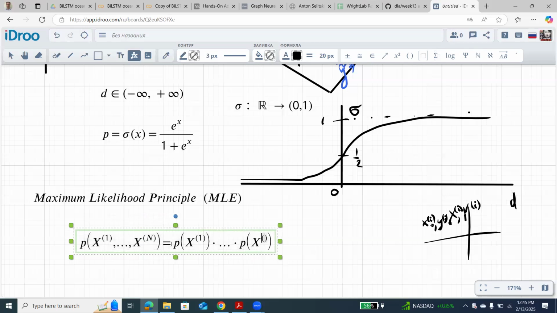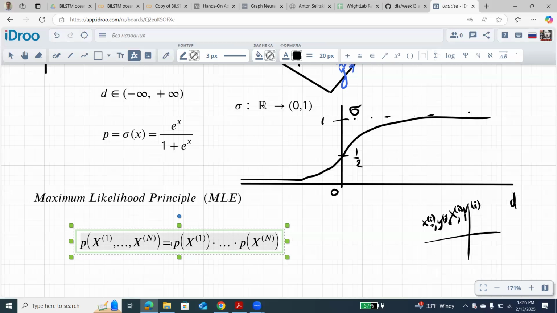Without this assumption, you can't actually move forward in statistics, because it's hard to come up with a probability for just one point, and it's almost impossible to learn a joint distribution.